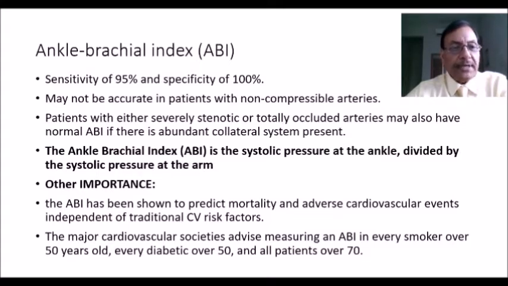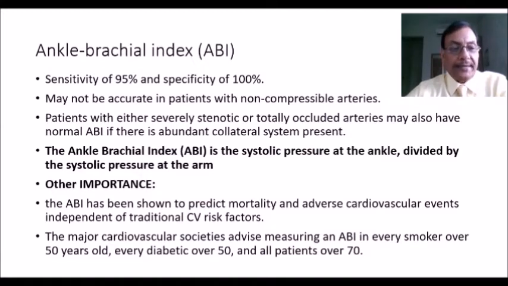So patients with either severely stenotic or totally occluded arteries may also have a normal ankle brachial index if there is an abundant collateral system present. The ankle brachial index is the systolic pressure at the ankle divided by the systolic pressure at the arm.